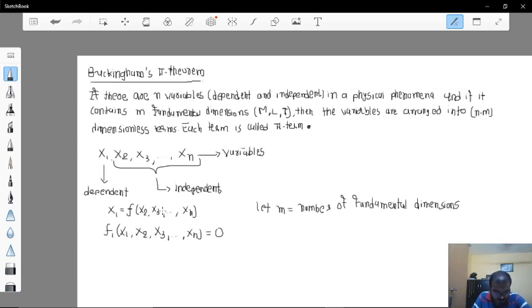So we can have n minus m pi terms. n minus m is equal to dimensionless pi terms.